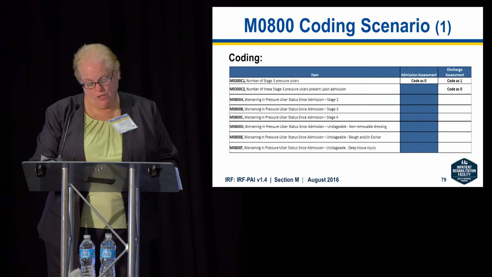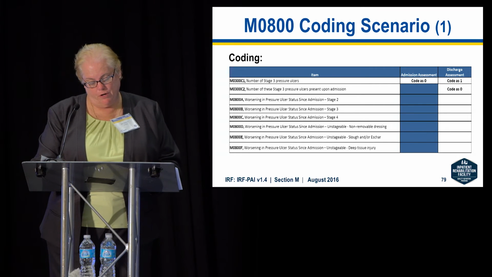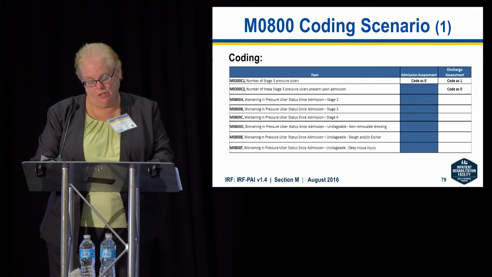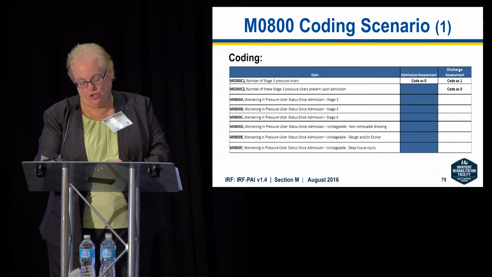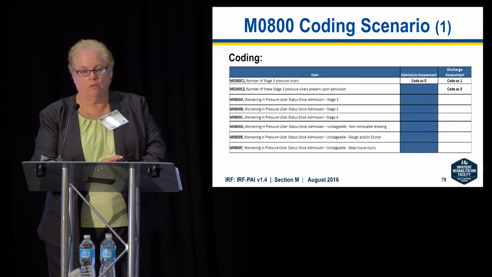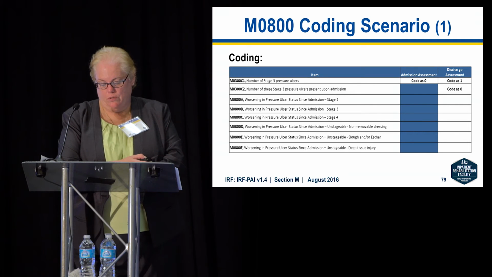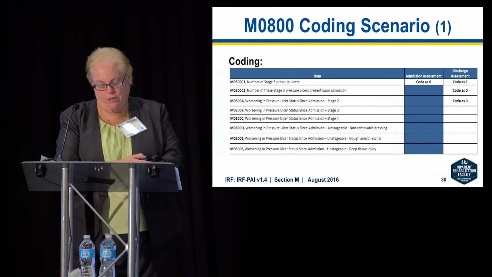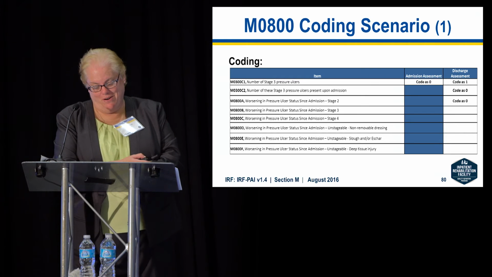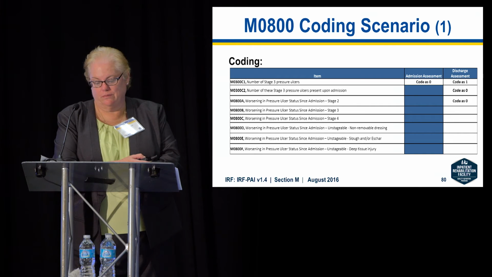The next question is worsening of pressure ulcer status since admission, stage 2. Do we have any new or worsening since admission for stage 2? No, so we're coding 0. Worsening of pressure ulcer status since admission, stage 3. So new or worsening? Remember the word new?